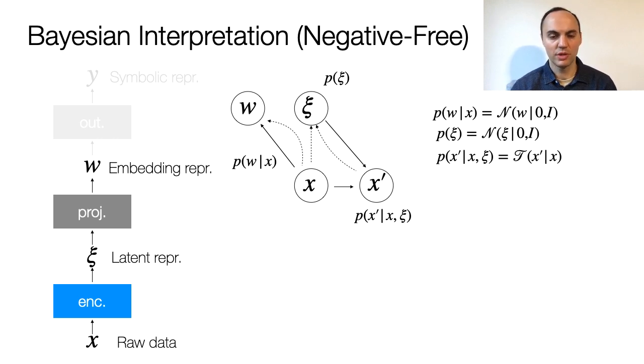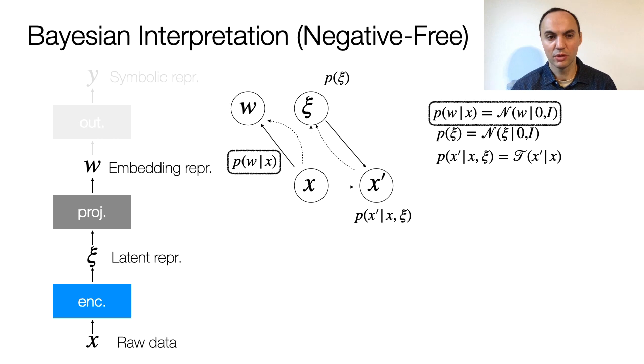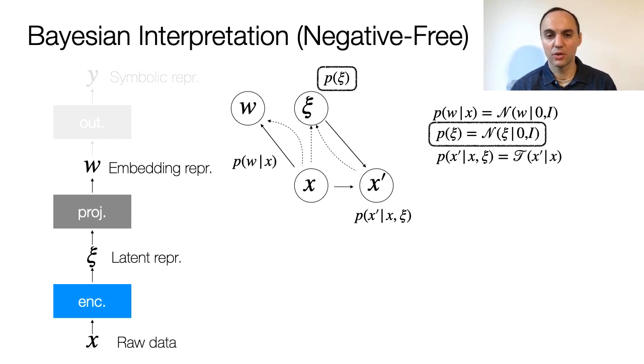We define the conditional distribution of x prime given x and c, which is simply our augmentation strategy. We have the conditional distribution of w given x, which is a Gaussian with zero mean and identity covariance.